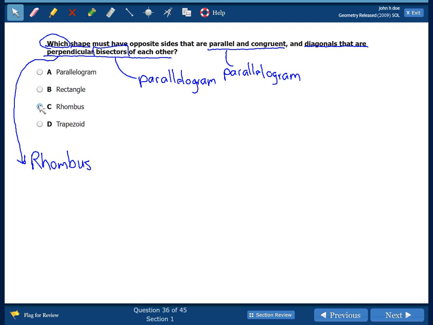We could go into a lot more detail on this problem. We already discussed the properties of parallelograms. Rectangles had congruent diagonals and 4 right angles.